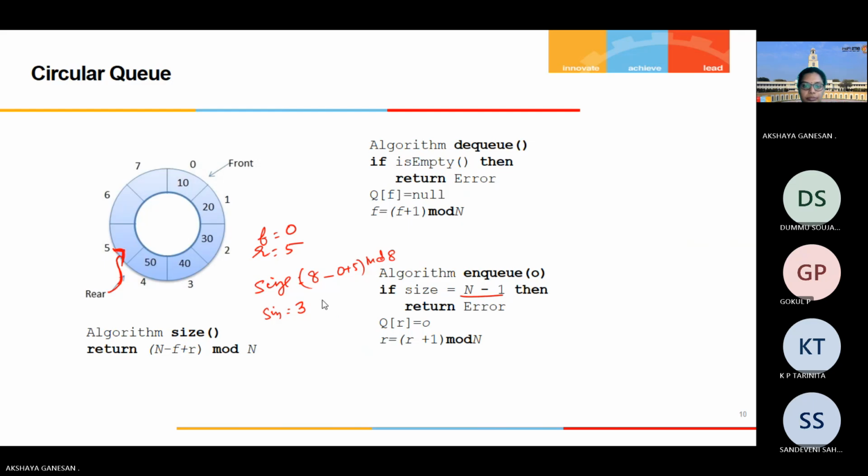Yes or no? So now let's say F is equal to 0, R is equal to 6. I enter something here. And now R is pointing here. Now what will be the size value? 8 minus 0 plus 6, not 8. So 8 minus 6 is 2. So two more places are empty. So you can do it.